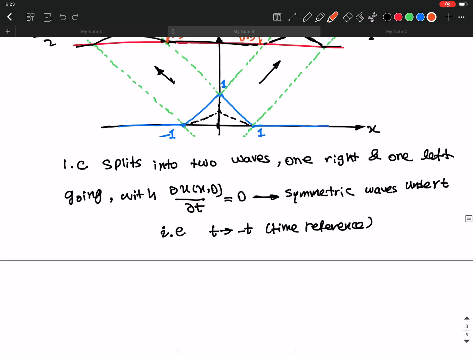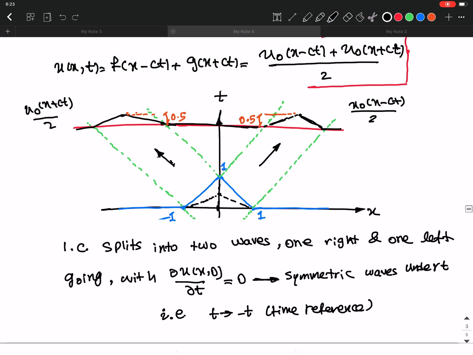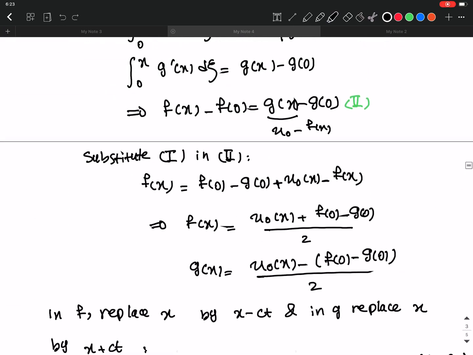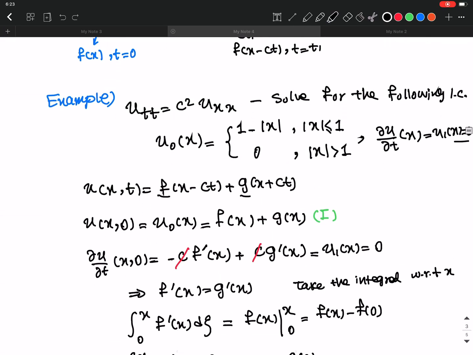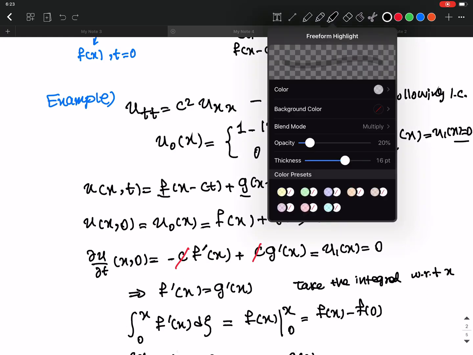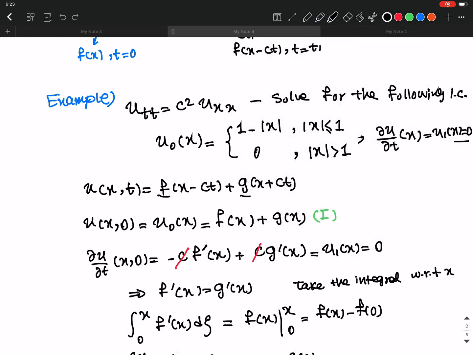Okay, so this was an example that we solved to find how we can use this D'Alembert solution and find these two functions, f of x minus ct and g of x plus ct.